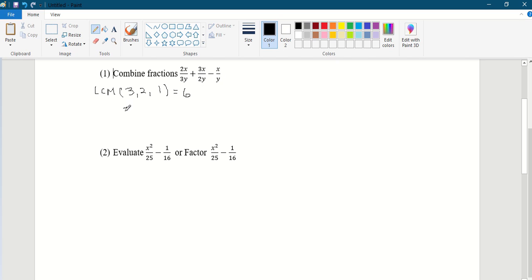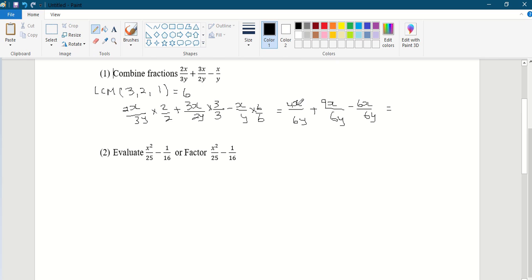So in this case, we have 2x over 3y times 2 over 2, plus 3x over 2y times 3 over 3, subtract x over y times 6 over 6. So in this case, we have 4x divided by 6y plus 9x divided by 6y minus 6x divided by 6y.